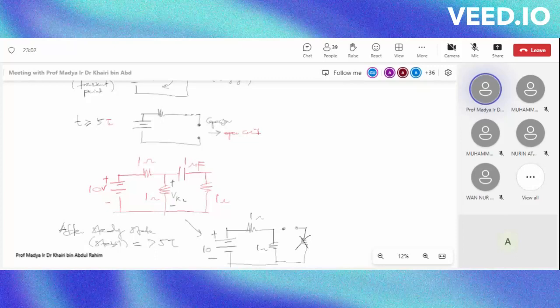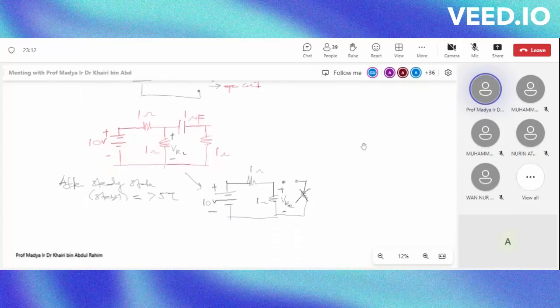So I'm sure you can calculate what is VR2 here, right? So what's VR2 here, guys? In this case, anybody? Senang je kan? This is 1 ohm, this is 1 ohm, this is 10 volt. So obviously over here is 5 volt. Obviously it divided into two, right? 1 ohm, 1 ohm.